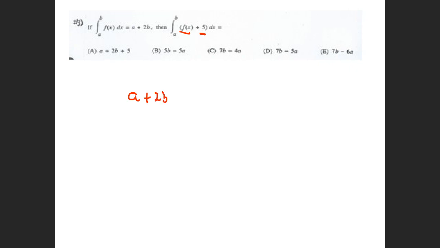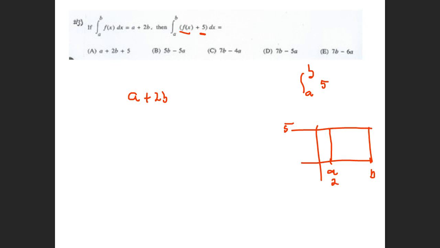So the only thing I need to do is figure out what the integral from a to b of 5 is. Well, again, 5 is a constant. If this is a here, and this is b here, and I don't know what a and b are, what is the area of this thing? Well, I always look at it like this.